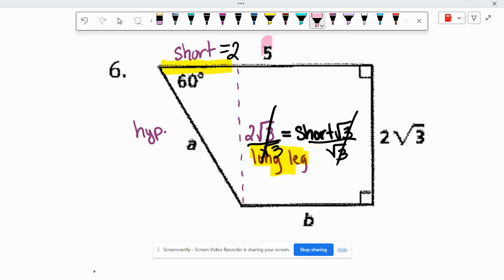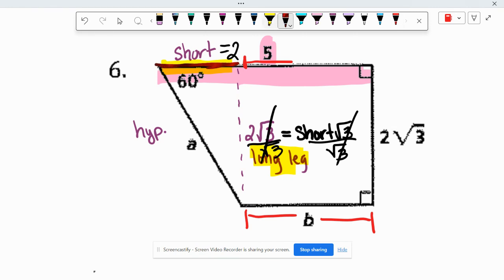This measure of 5 is for the whole side. Don't be fooled by that. So if that short piece is 2 and the whole side is 5, what is this measurement? Which is the same thing as this measurement. Look at what I'm saying. This whole side over here is 5. But I know that this short piece right here is 2.